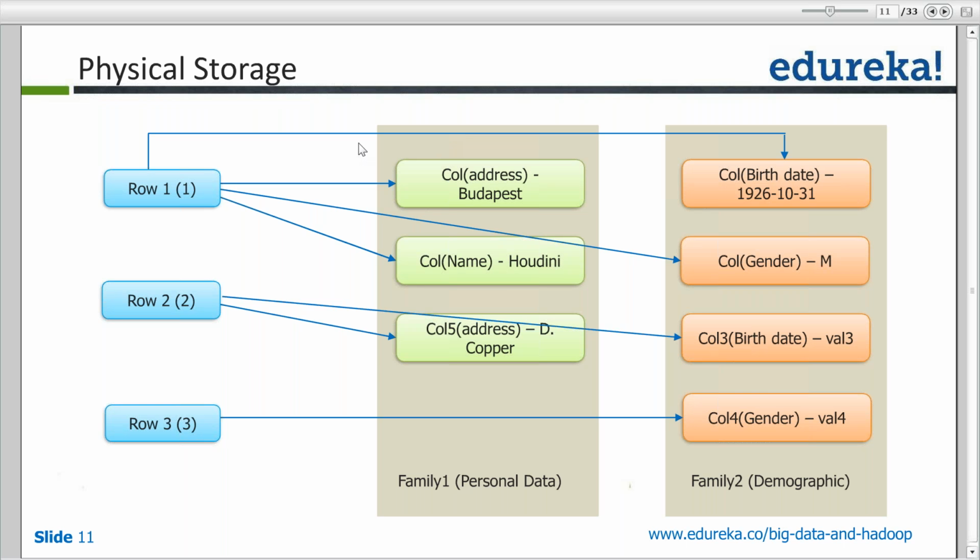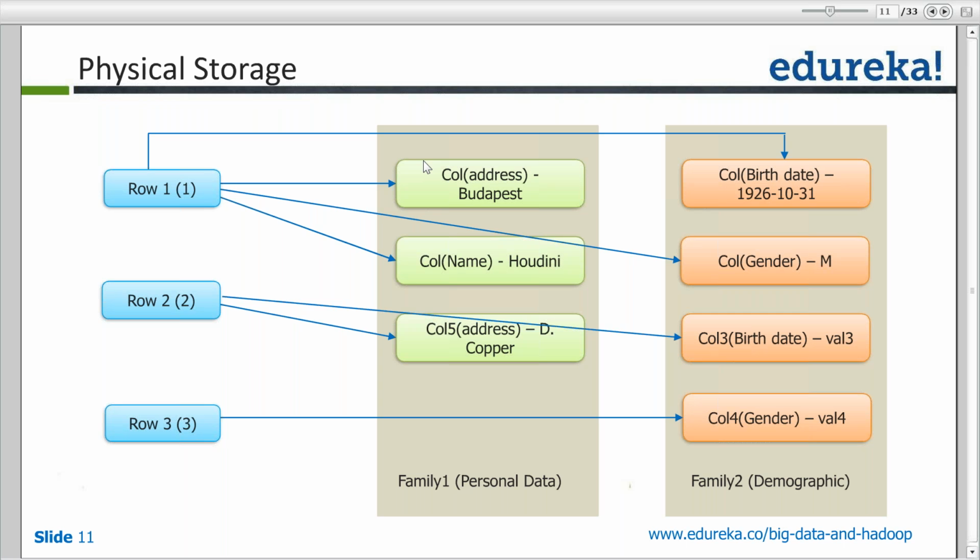When it stores to your HDFS, there could be multiple HFiles for a column family. It depends on the amount of data you're inserting. Typical size of your HFile is 64 KB. So let's say I insert 1 GB worth of data into a single column family. In terms of HDFS, they would be stored together under the same directory or location, and ultimately it would be distributed.